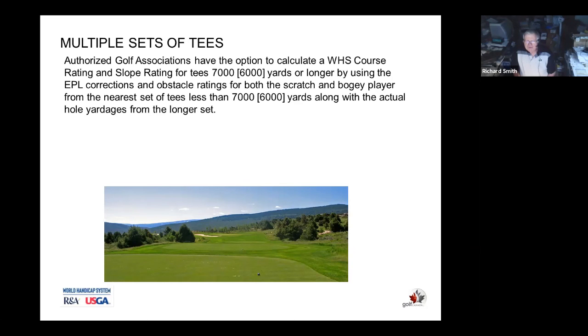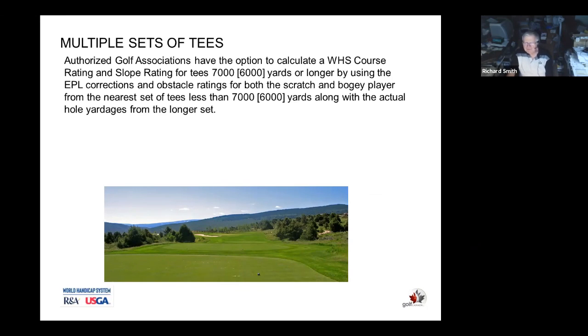We would use the EPL corrections and obstacle ratings for both the scratch and bogey player from the nearest set of tees less than 7,000 or 6,000, and put the actual real yardage in, since as we've discussed earlier, the yardage is about 95% of the rating in any case.